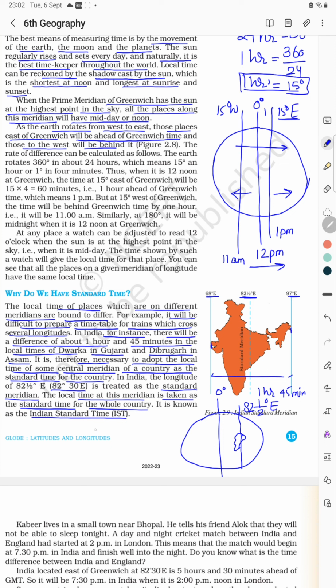So as we know, for each 15 degree there is a time difference of 1 hour. So calculate the time difference between Greenwich Mean Time and the Indian Standard Time. So we'll simply divide this longitudinal extent by 15 degree. So it will come out near 5 hour and 30 minutes.